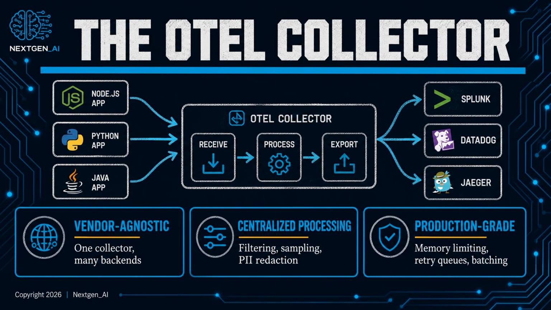You can use processors to batch data for efficient network transfer, to add Kubernetes metadata to spans, to filter out health check noise, or to sample traces based on error rates. By centralizing this logic in the collector, you remove the burden of telemetry routing and formatting from your application developers, creating a highly scalable, flexible observability infrastructure.